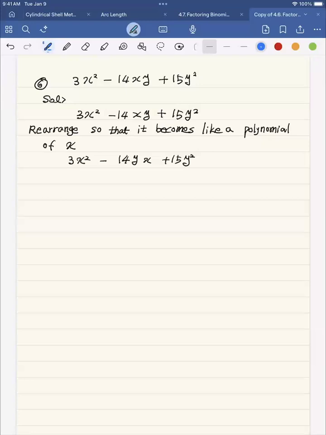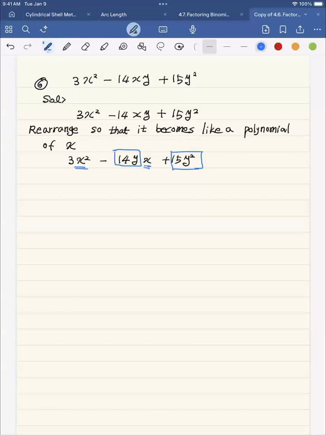So I rewrote 3x squared minus 14y times x plus 15y squared. So we perceive y like a number when we organize in this way.